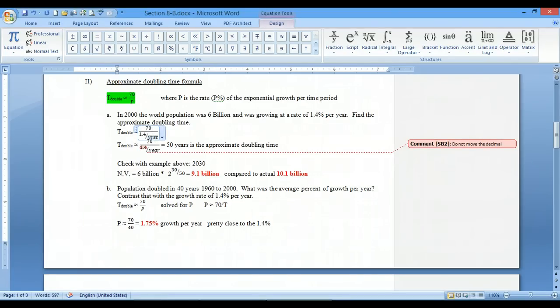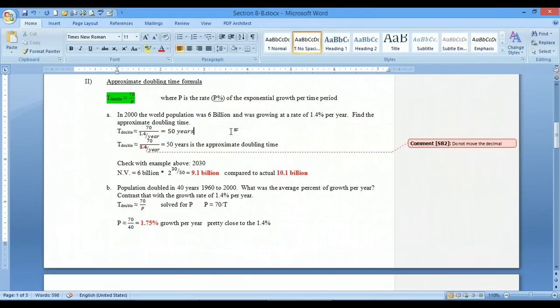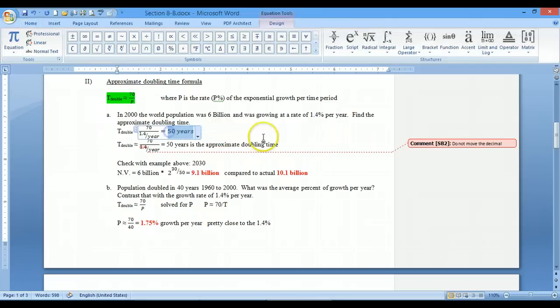Now when we divide fractions, you really multiply by the reciprocal, so this per year is really going to flip up onto the top, and I'll get 70 divided by 1.4 gives me 50, and the years are on top, years. So it was approximately doubling every 50 years.